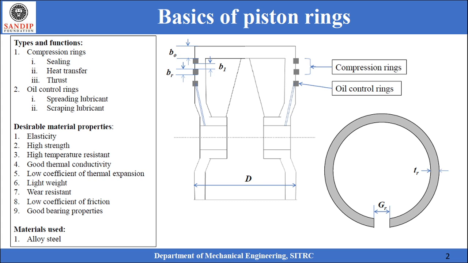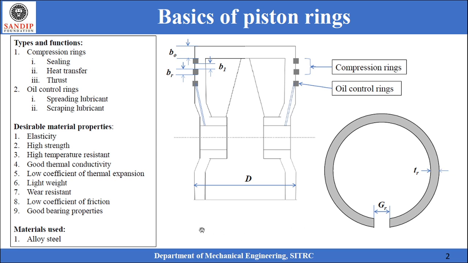Moreover, it should be elastic enough so that sufficient radial pressure can be imparted by the piston ring on the cylinder wall so that sealing can be achieved. All other desirable properties are quite similar to those of a piston, since it is exposed to high pressure gases which are at very high temperatures. A typical material used for making piston rings is alloy steel.